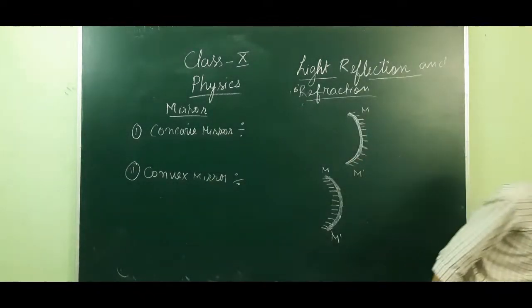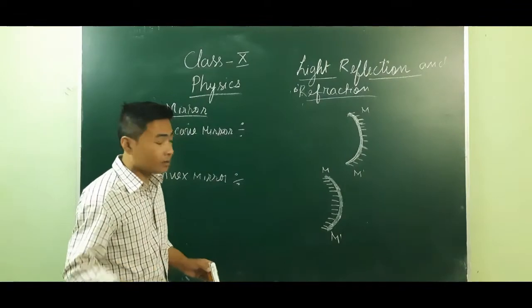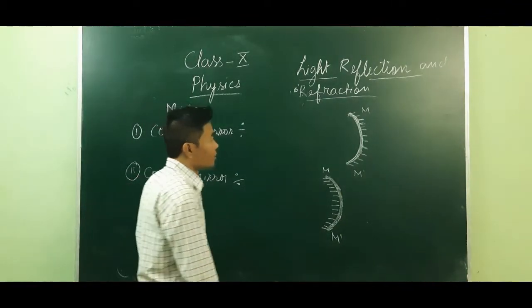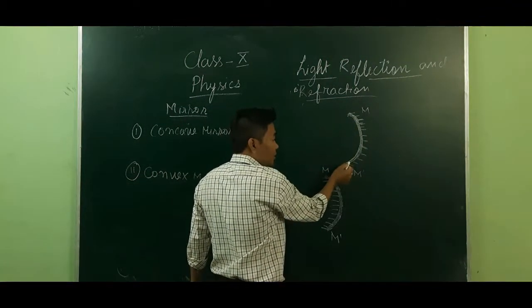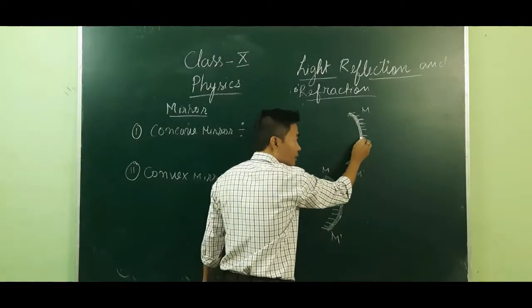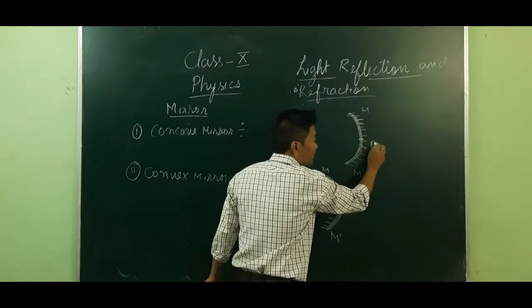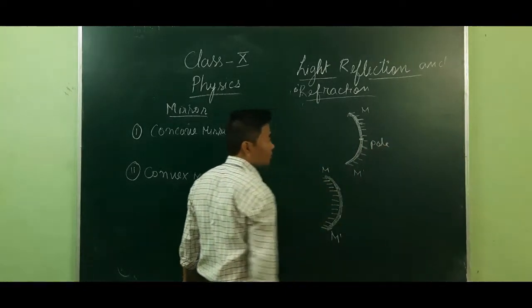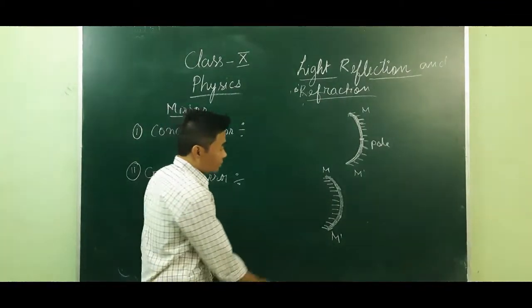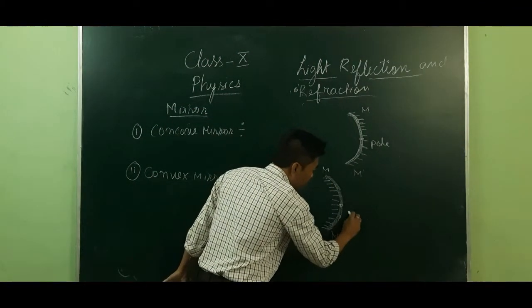Now, the parts of the concave mirror. So the mirror M, exactly at the center of this mirror, there is a point called the pole. The center of the mirror is called the pole.